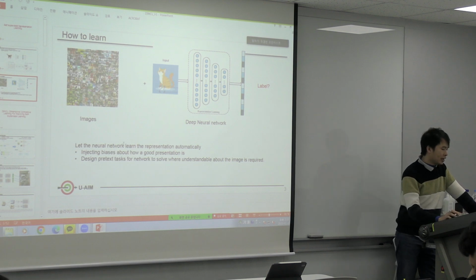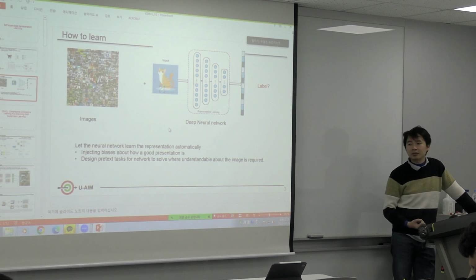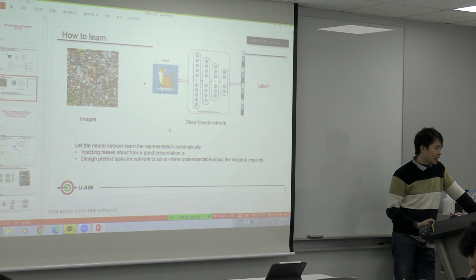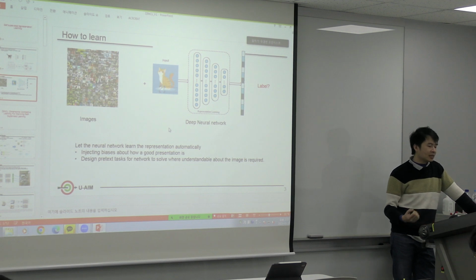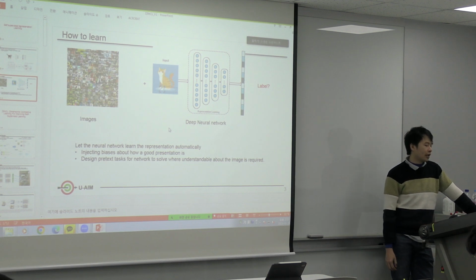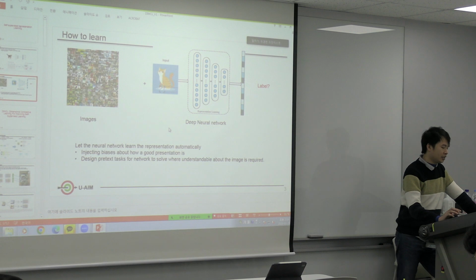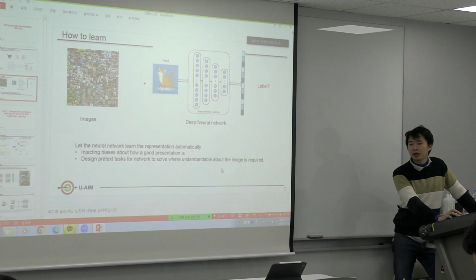It turns out that we can inject biases about what we think a good representation is, and then we can design a pretext task that the neural network can solve, where the task needs to be designed so that it requires understanding of the image.